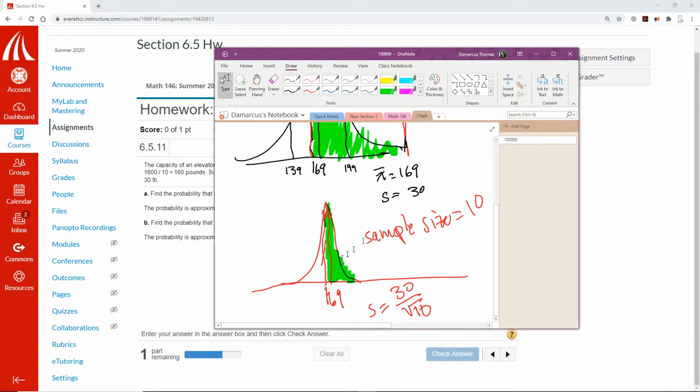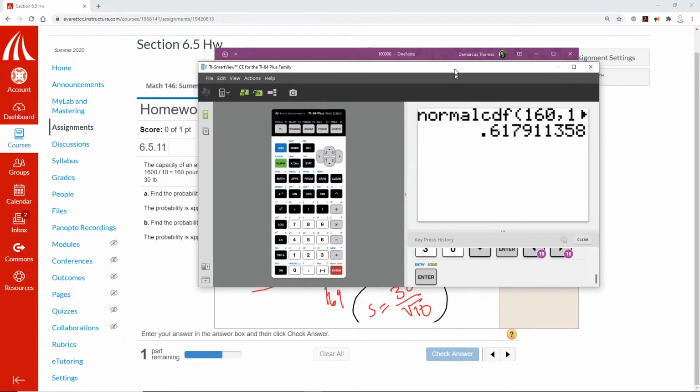I can pretty much do it the same way. The only difference is the deviation will not be 30. The deviation will be 30 divided by the square root of 10. And so this is what you will do.